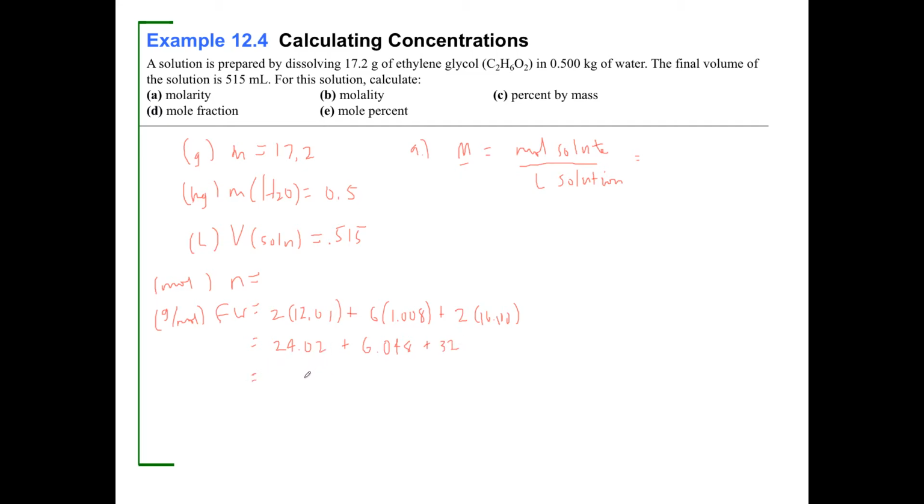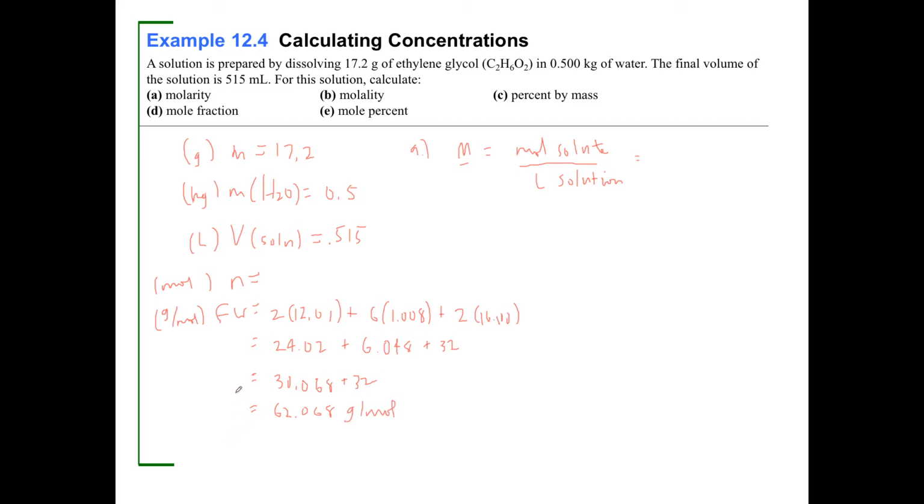Oh, I can't do this in my head. Yeah, I can. This is 30.068 plus 32, which is equal to 62.068 grams per mole. I'm definitely going to need a calculator for my next one, okay?